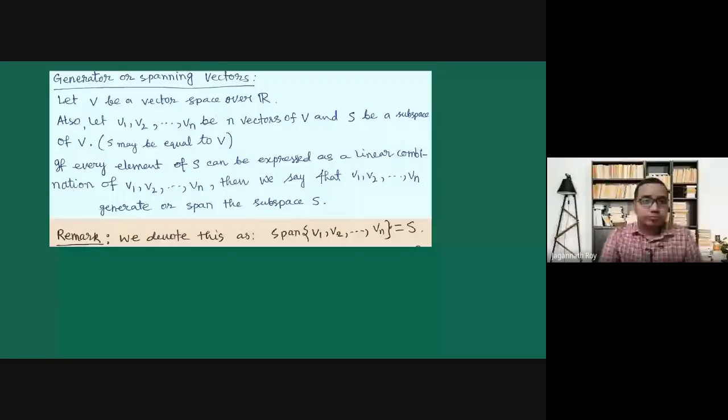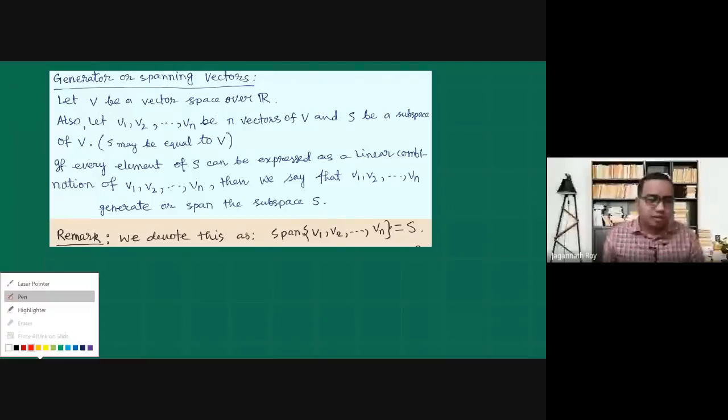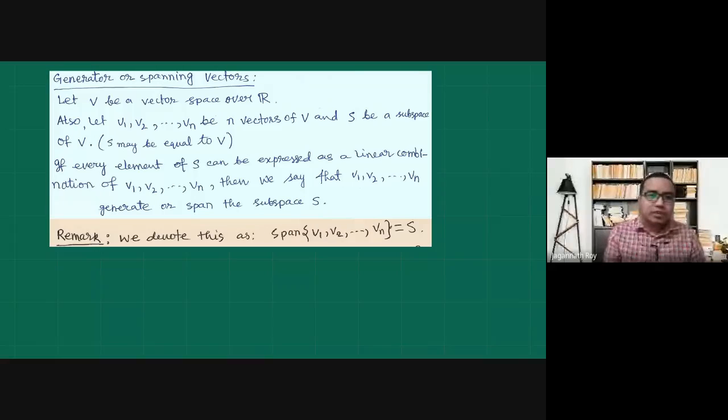Now we are going to introduce one more definition, which is called generators or spanning vectors.